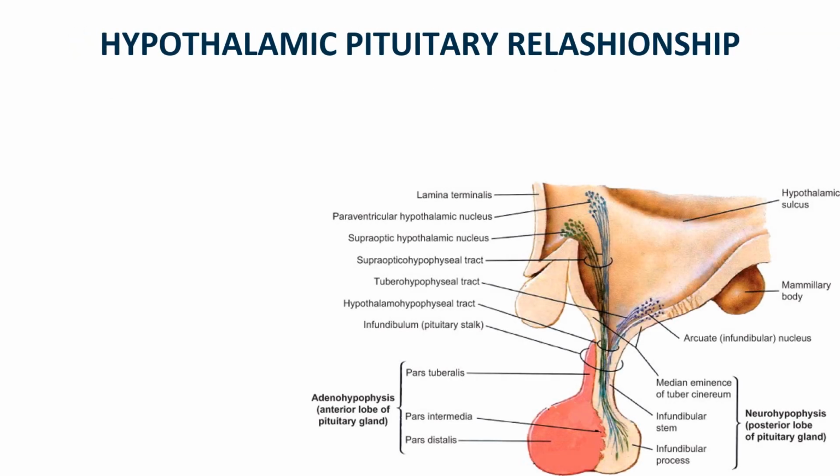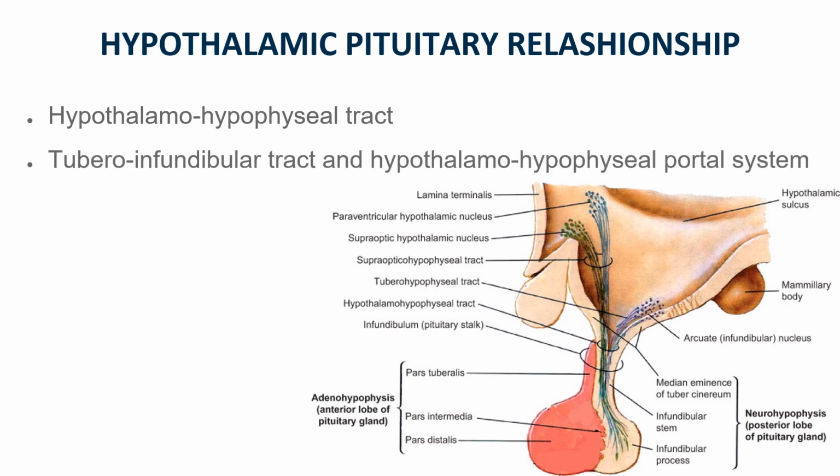The influences from the hypothalamus are conveyed to the pituitary gland by two different tracts. One is the hypothalamo-hypophyseal tract, and the other is the tubero-infundibular tract and hypothalamo-hypophyseal portal system.